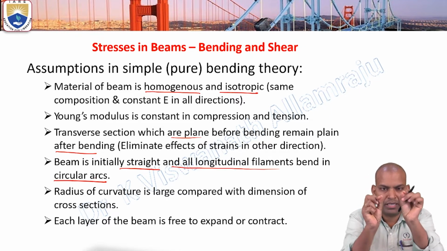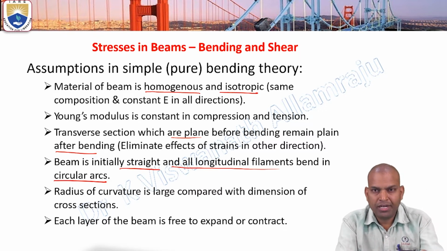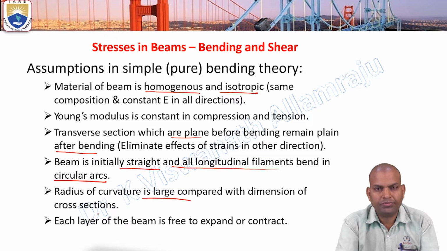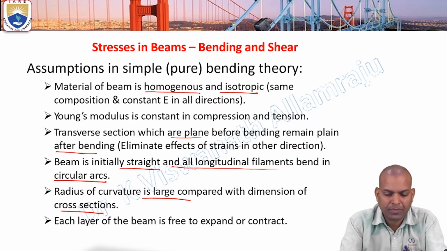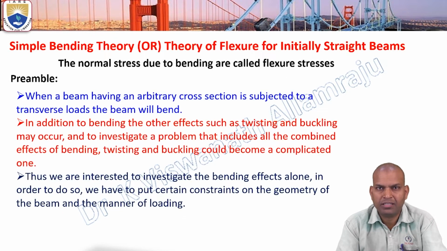That's what beam bending is, circular arcs. The radius of curvature is large compared with the dimensions of the cross sections. And one more thing is that each layer of the beam is free to expand and contract. These are the assumptions needed in order to derive the simple bending theory.